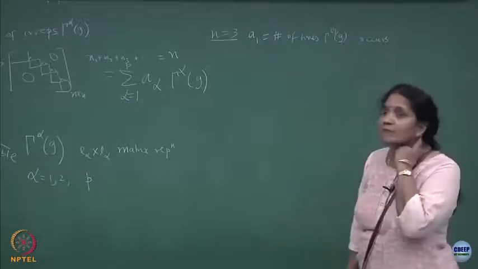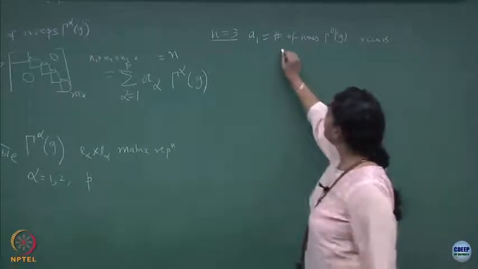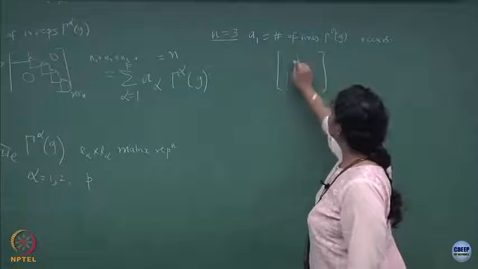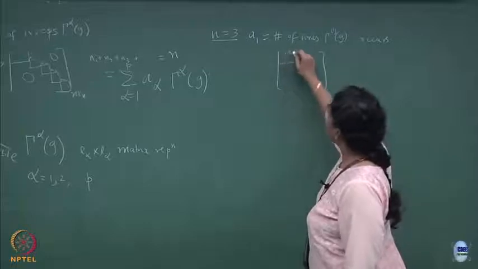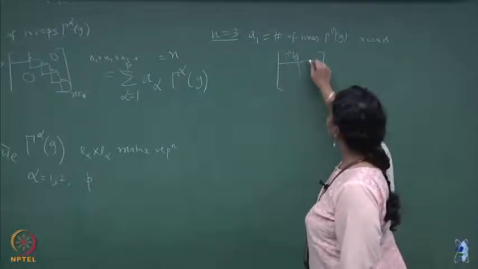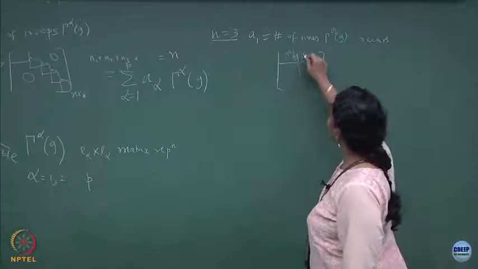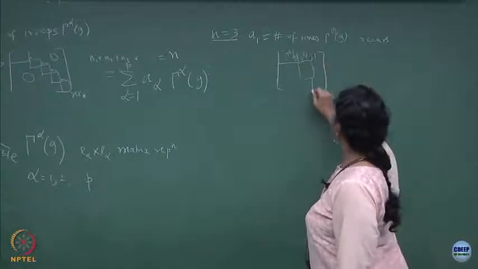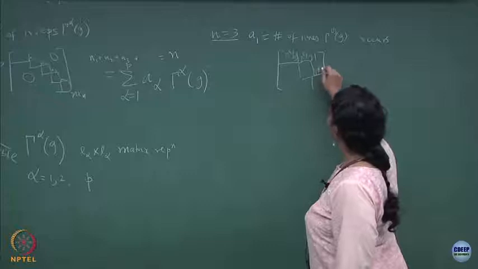And how do I denote it in the matrix form? This will be a gamma 1 of G, this will be a gamma 1 of G, and this will be a gamma 1 of G. Are you all fine?